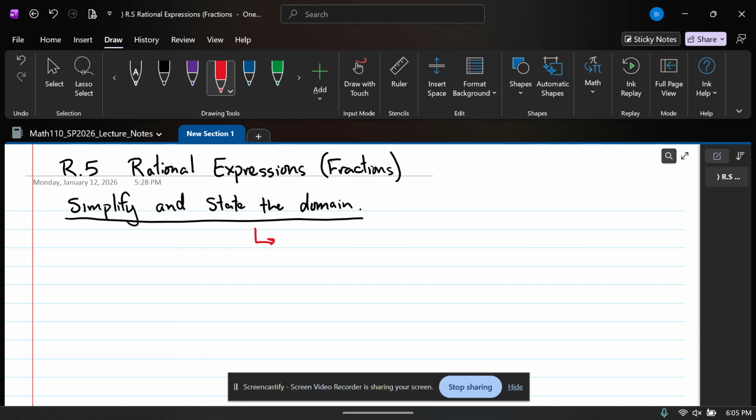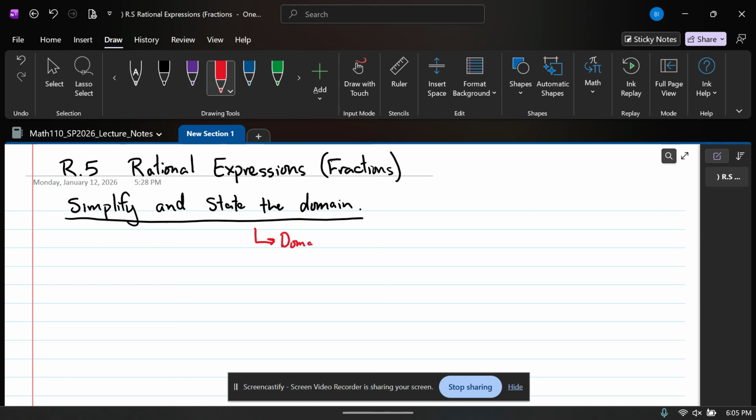Those red flags are an x in a denominator of a fraction, which is what we're going to see here, or an x inside of a square root. Okay, so x's in the denominator of the fraction are going to be the keys to the domain. Okay, and you need to find the domain.